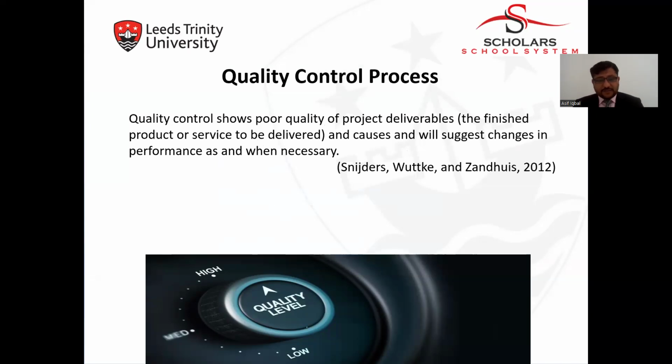Quality control processes. Quality control shows poor quality of project deliverables. The finished goods are supposed to be delivered, with changes in the performance as and when necessary.